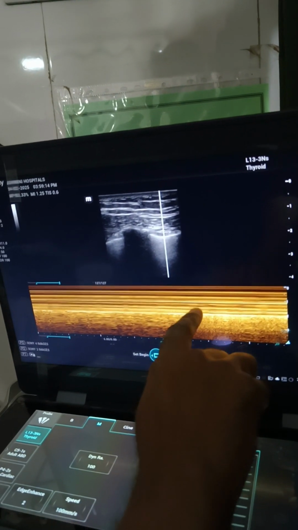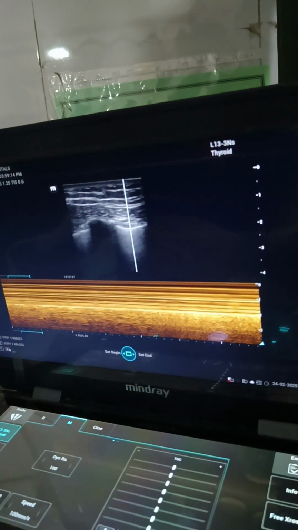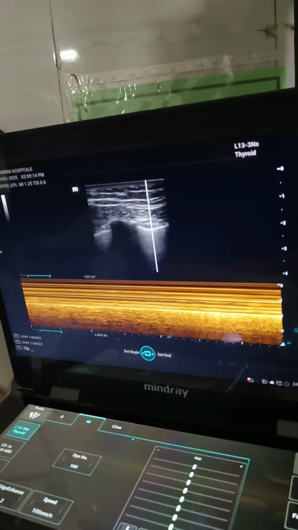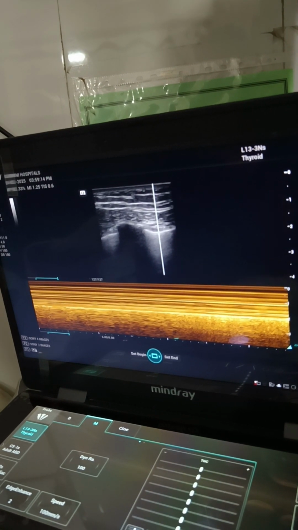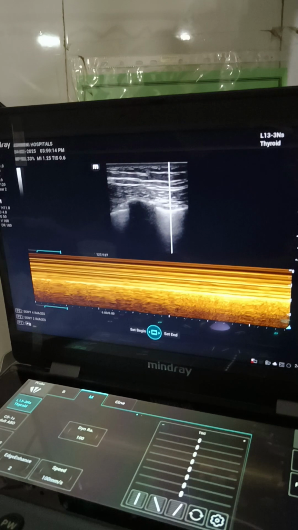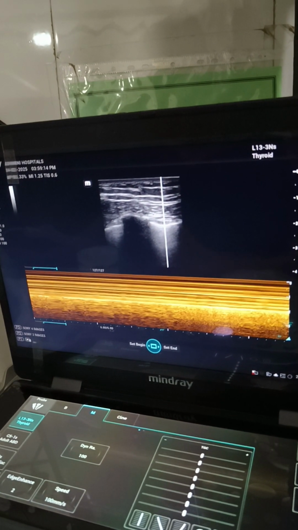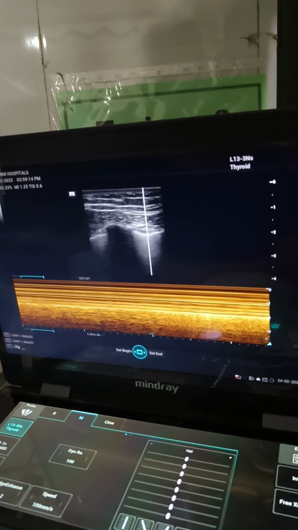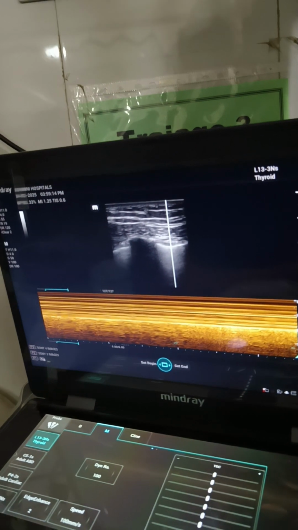And this appears like the sky. So sky, sea, and beach, the sand appearance is the normal lung ultrasound in M mode.